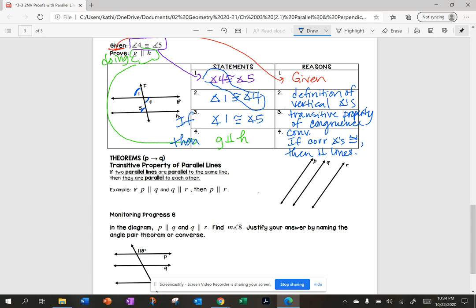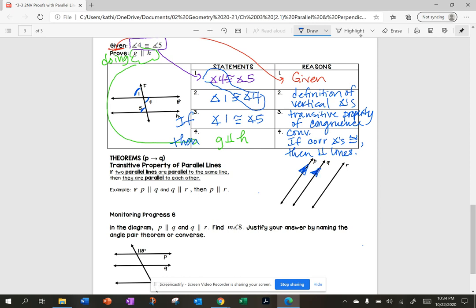Okay, so we have one more theorem, the transitive property of parallel lines. If two lines are parallel to the same line, then they are parallel to each other. So if P is parallel to Q, I show that by putting an extra arrow on, not on the end.